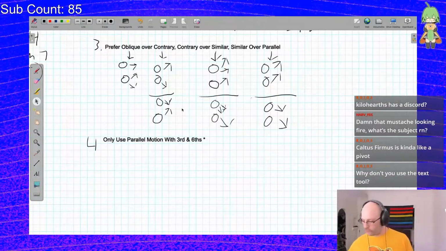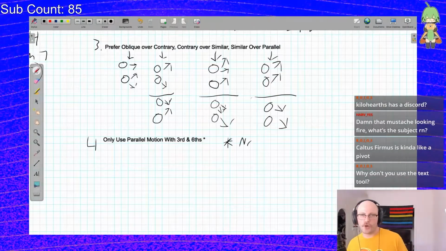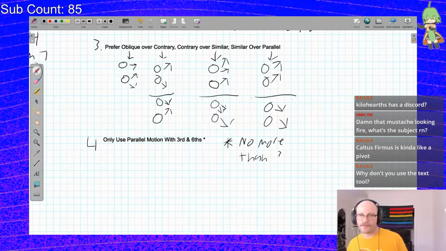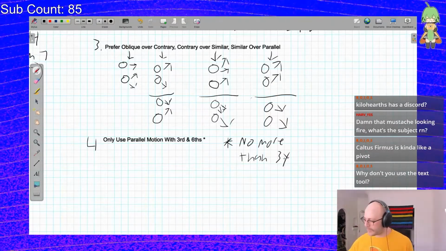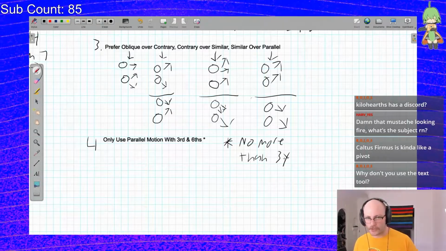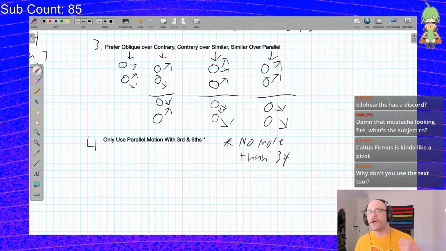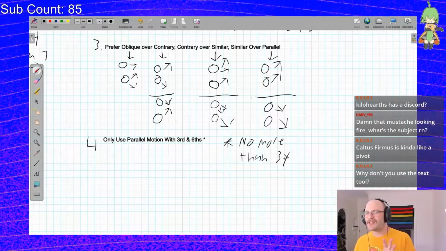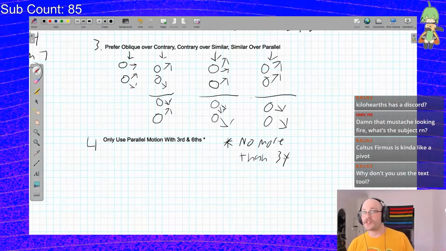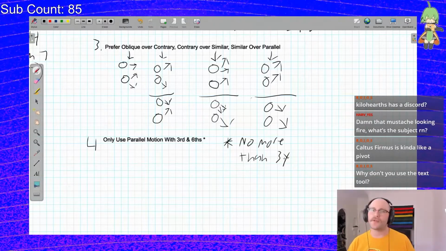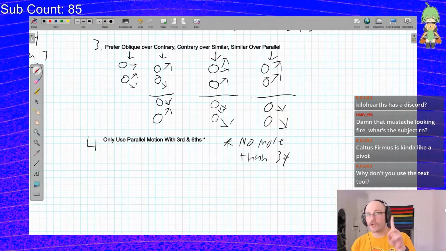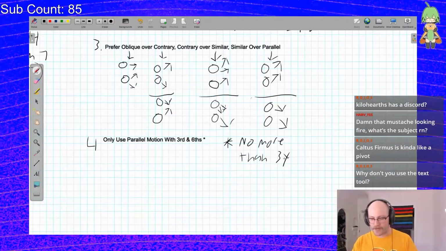The general rule is no more than 3 times can you actually repeat parallel motion using thirds and sixths. The more you do it, and even similar motion to an extent has this problem, try to avoid similar motion more than 3 times, because that starts to create this feeling of just a single note rather than 2 independent voices.